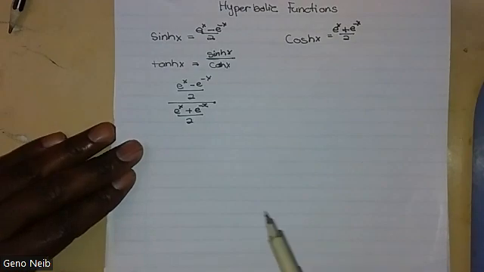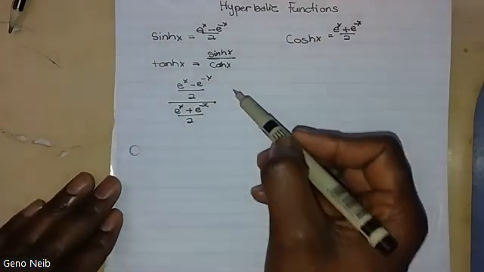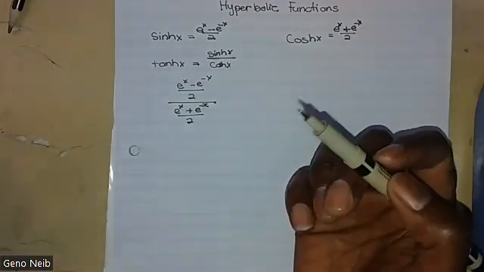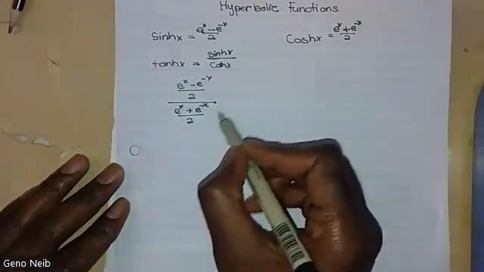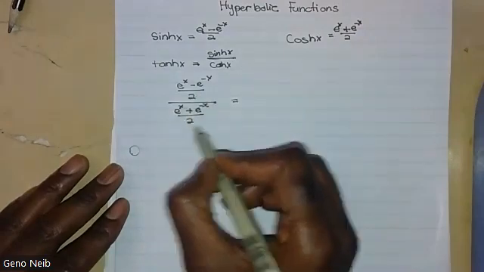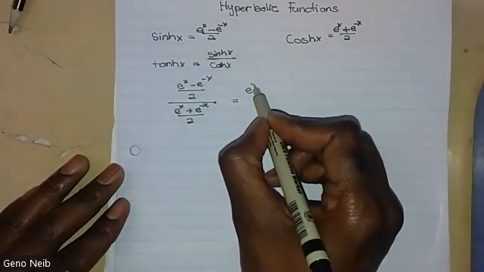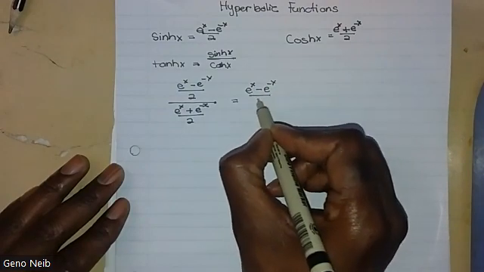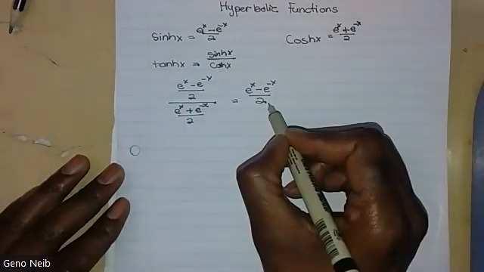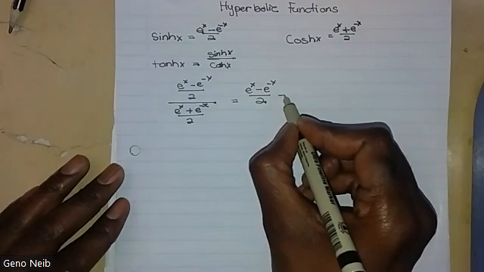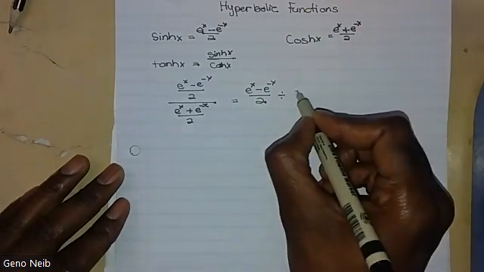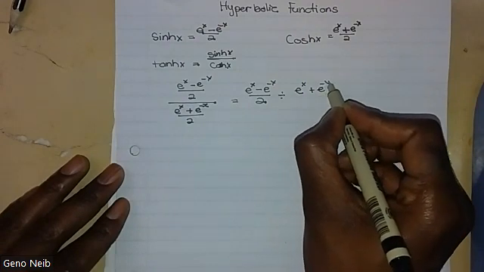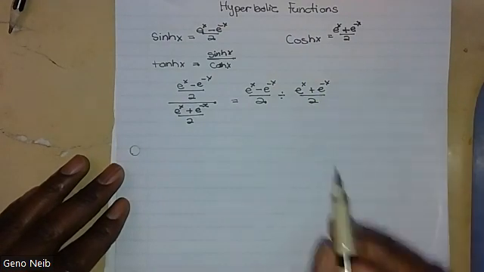Since this is the definition, let's write it in simpler terms. So we write it as e to the x minus e to the negative x divided by 2, divided by e to the x plus e to the negative x divided by 2.